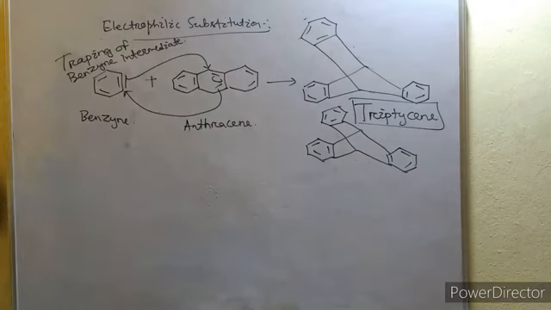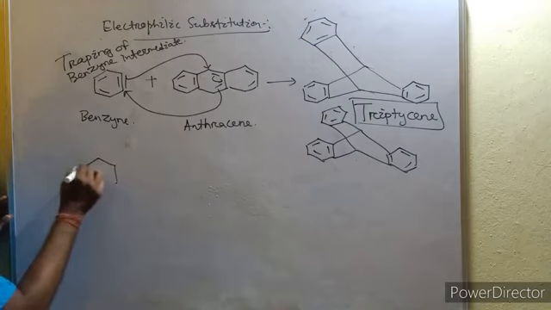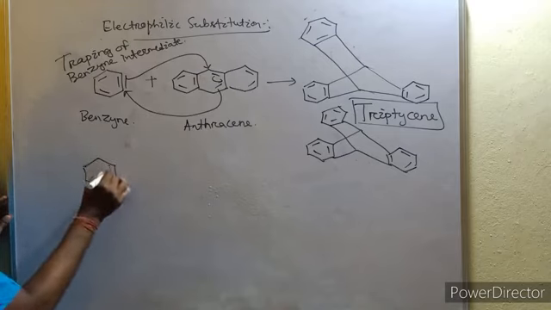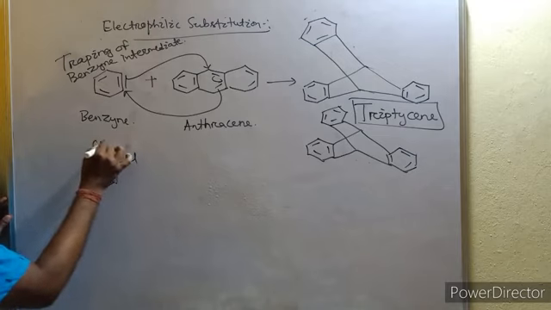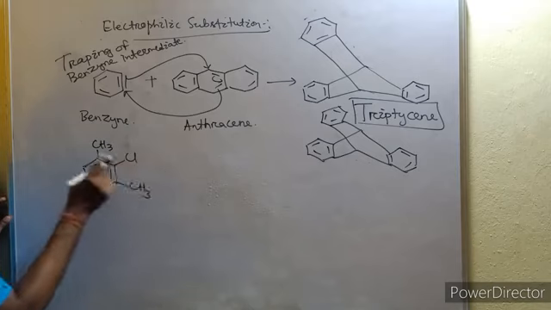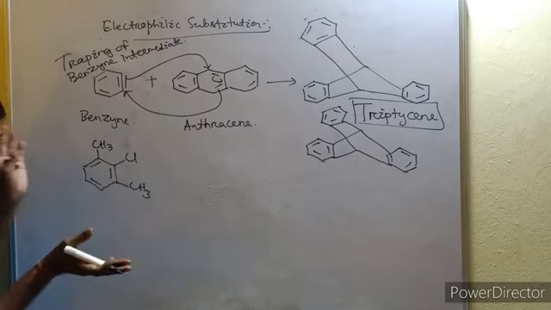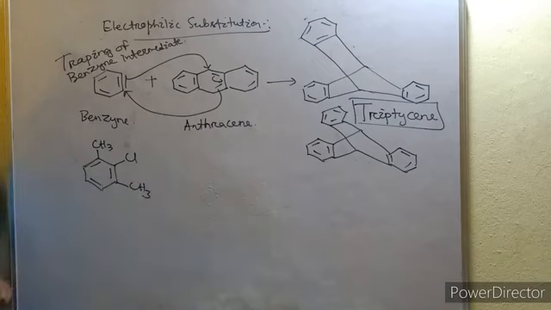Okay, see, if I have this compound, here is a Cl, here is a CH3, here is CH3, meaning this Cl is hindered, surrounded by bulky groups like CH3 or C2H5.